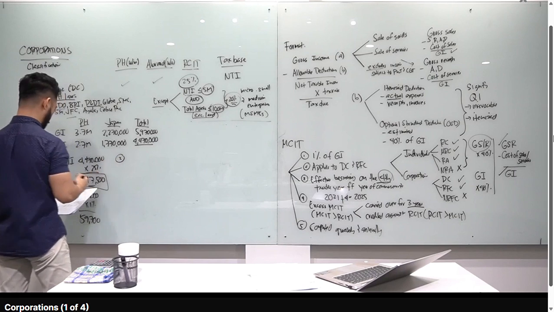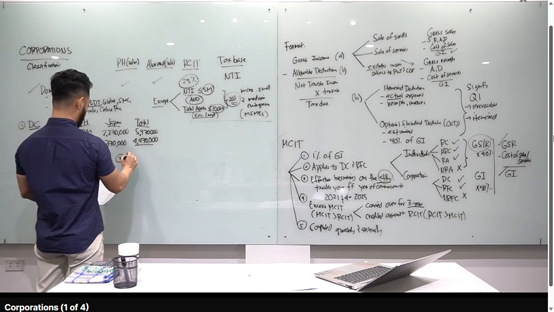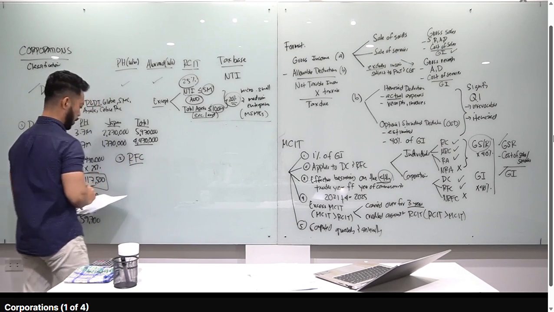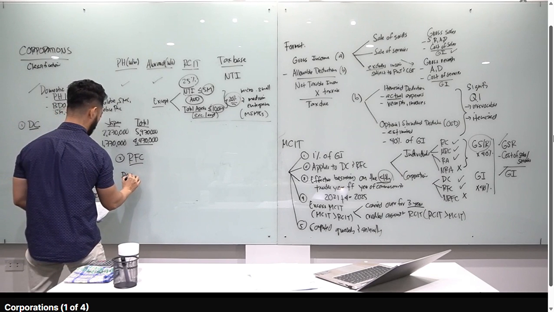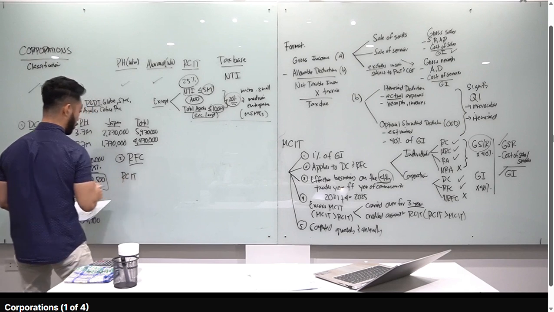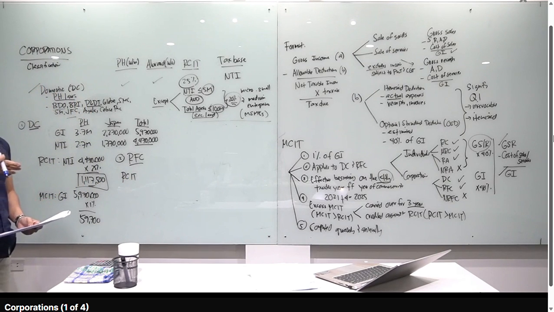Let's go to assumption or scenario number 2. Sir, what if naman resident foreign corporation? Resident foreign corporation, computin natin yung R-SIT and M-SIT. We know resident foreign corporations are taxable only sa income earned within the Philippines.